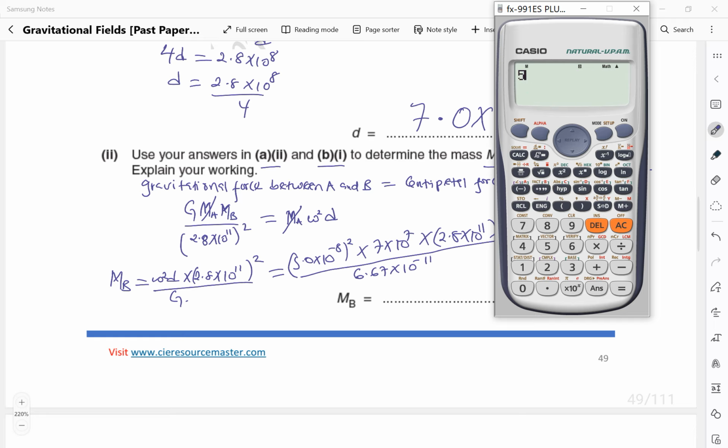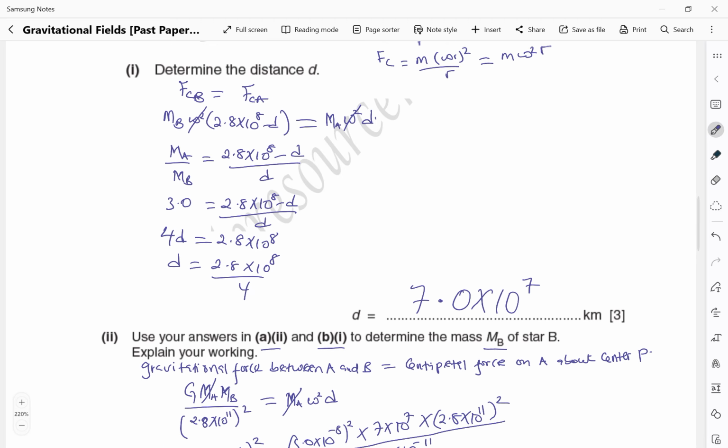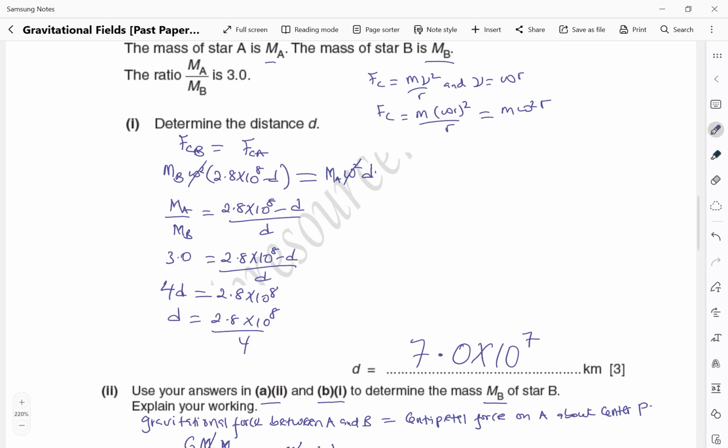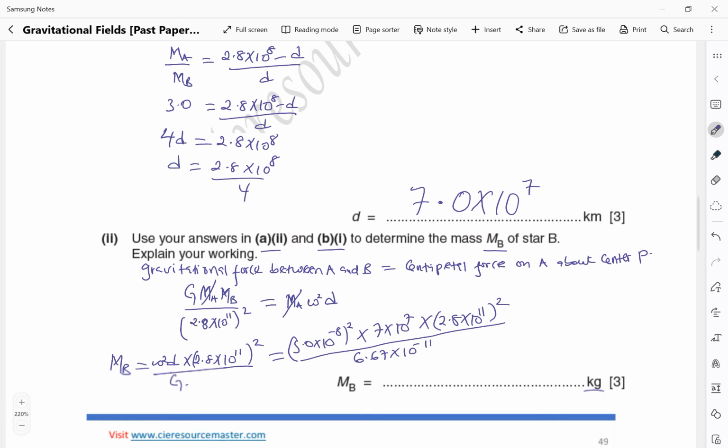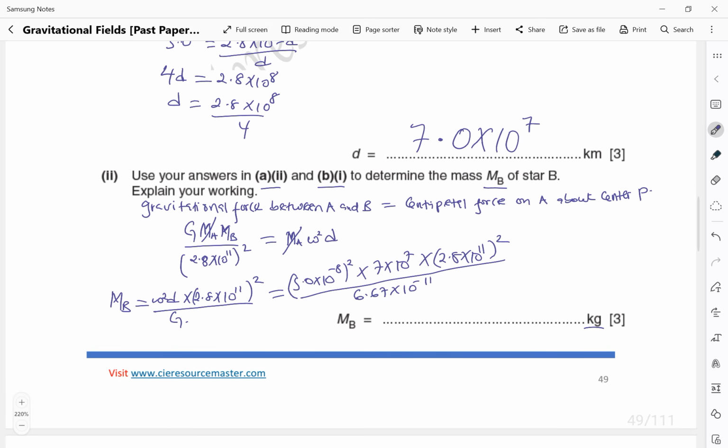So 5 exponent minus 8, squared, times 7 exponent... was this power 10 or power 7? This is in kilometers, so I have to change it to meters.